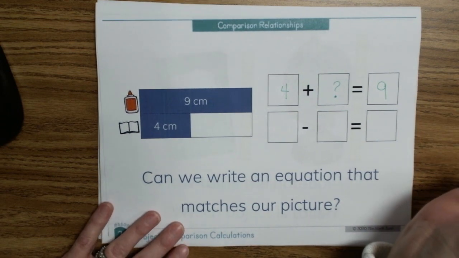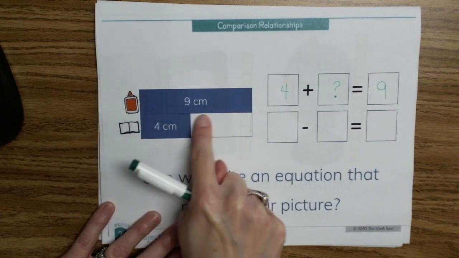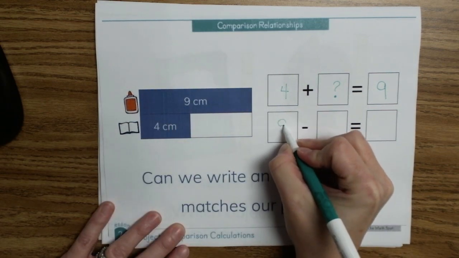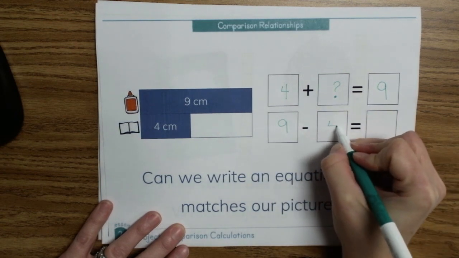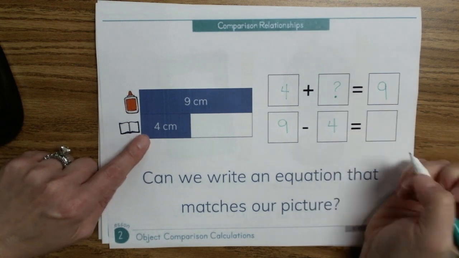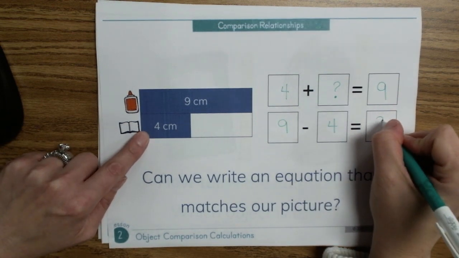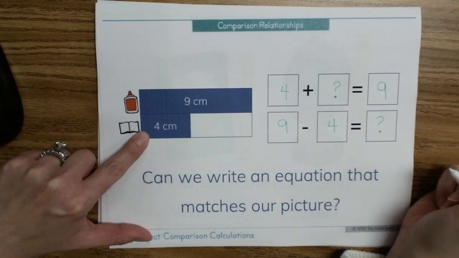So there's your addition sentence. Now, for your subtraction, we're trying to get to 9. So if I have 9 and I take away the 4 that I have for the book, I'll figure out what is left. I'll figure out how much taller, okay?